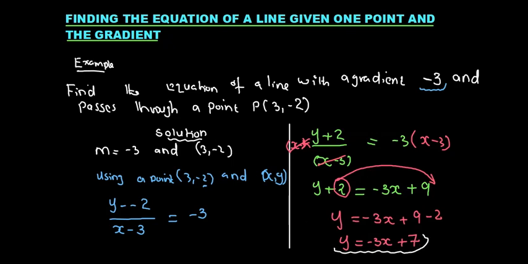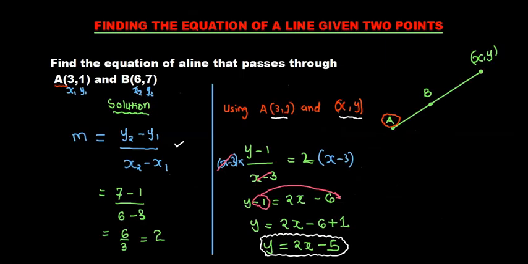These are the only possible ways you can be tested when you are told to find the equation of straight lines. Either you can be told to work out the equation when you are given 2 points, then at that point you must first find the gradient and then work it out.